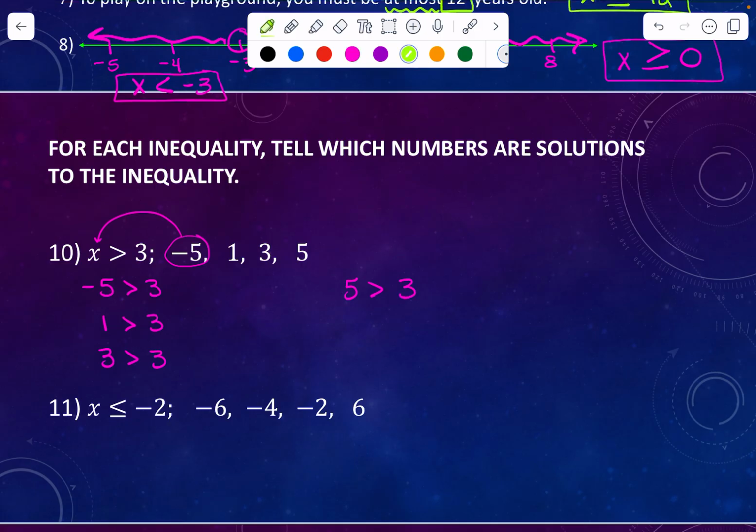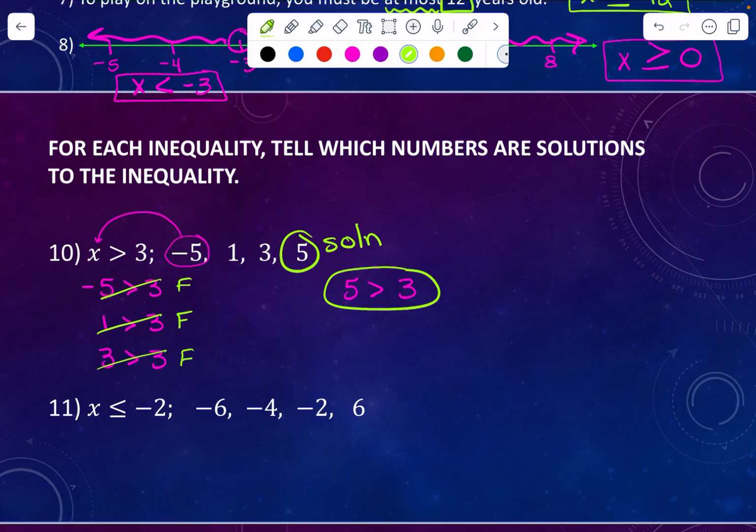Now, I want to come through here and ask, is this true or false? So is -5 greater than 3? Nope, it's not. So that's false. Is 1 greater than 3? Nope, that's false. Is 3 greater than 3? Nope, that's false. Is 5 greater than 3? Yes, that is true. So the only solution we have is 5, out of that list that they give me.